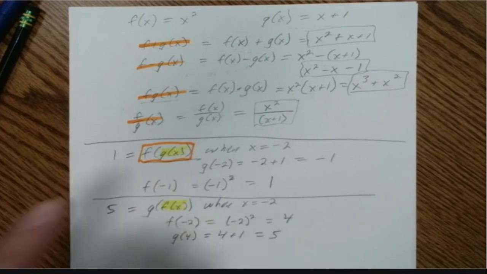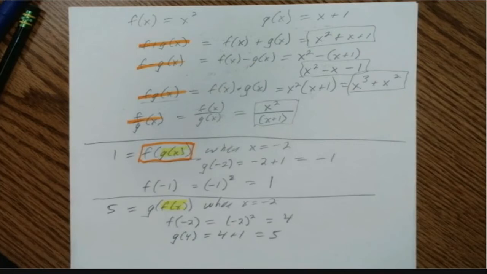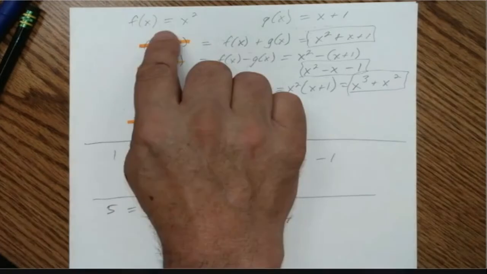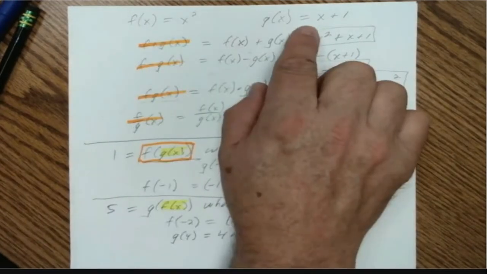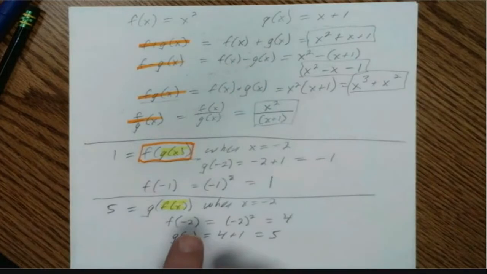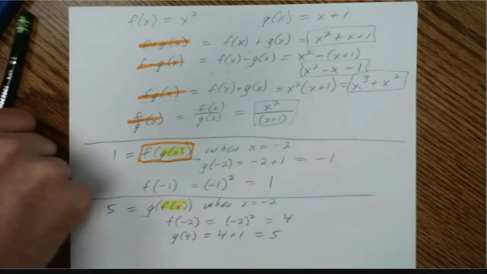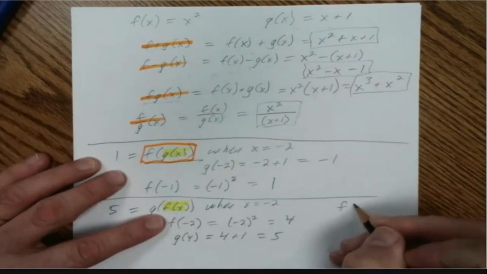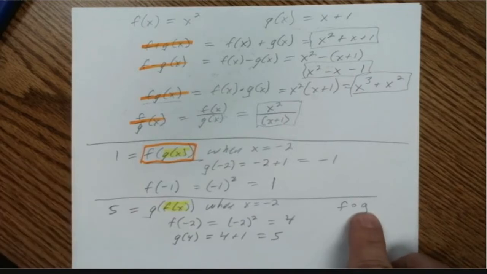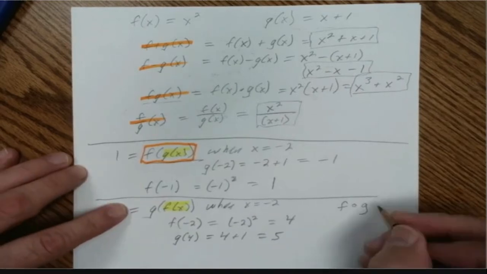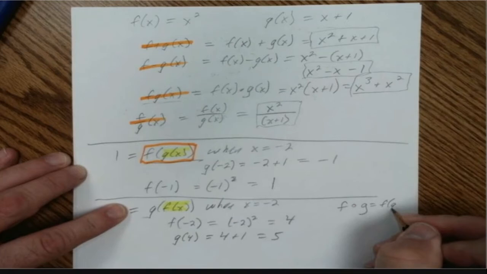The definition it gives is let f and g be two functions such that the domain of f intersects the range of g. So that means the domain has something in common with the range of this one. The composition of f of g, denoted f, and they also denote it this way, f with a little circle g, f of g is defined by f of g equals f of g of x.